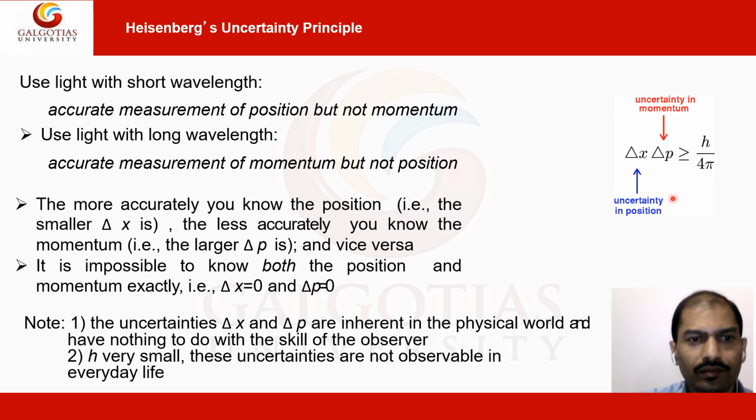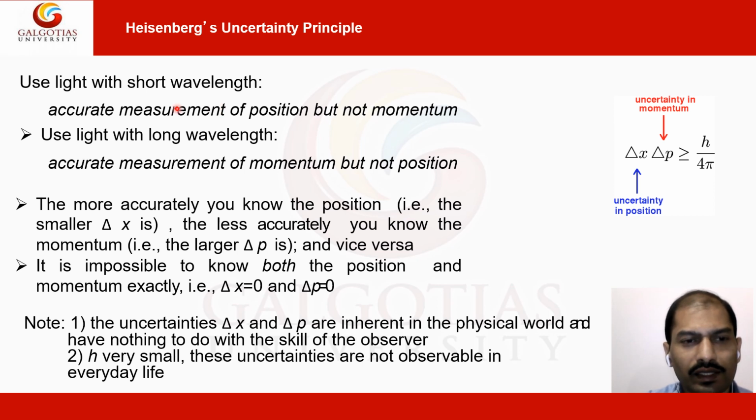Now coming to another topic under this lecture, the Heisenberg uncertainty principle. You might be aware of this from your undergraduate studies, because it is also studied there. As the name says, it is about uncertainty, and here the uncertainty is in position and momentum.